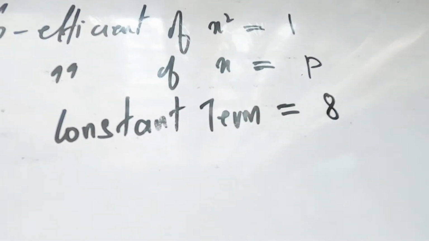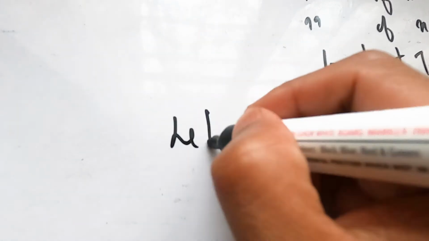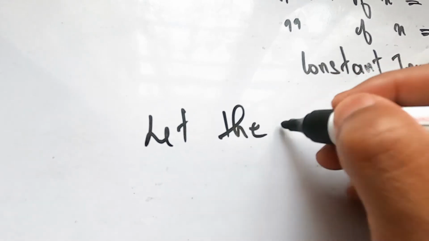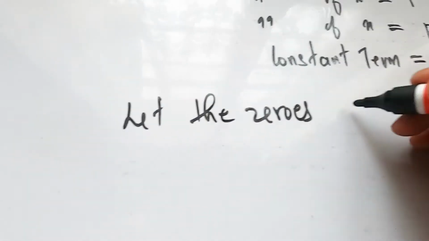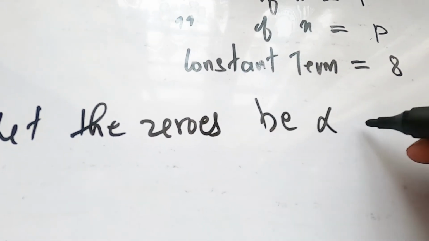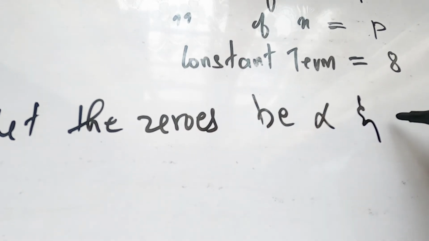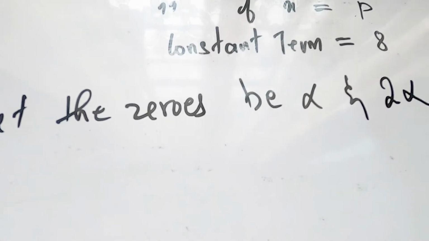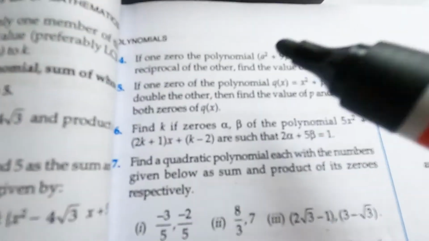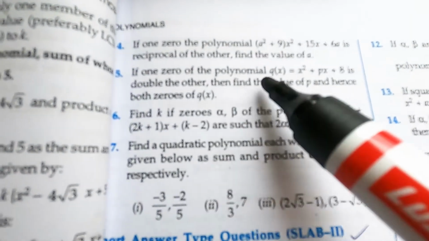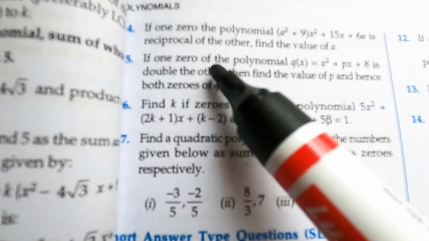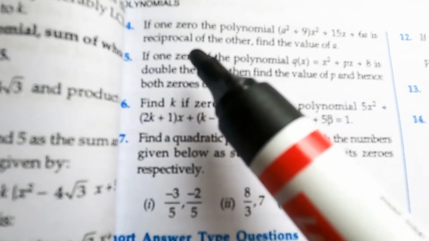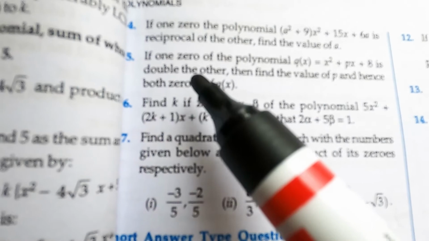All right, so the zeros in this case, let the zeros be alpha, and the other zero will be twice alpha. The reason is that it's double the other. So if one zero is alpha, the other one will be double the alpha, so it will be 2 alpha.